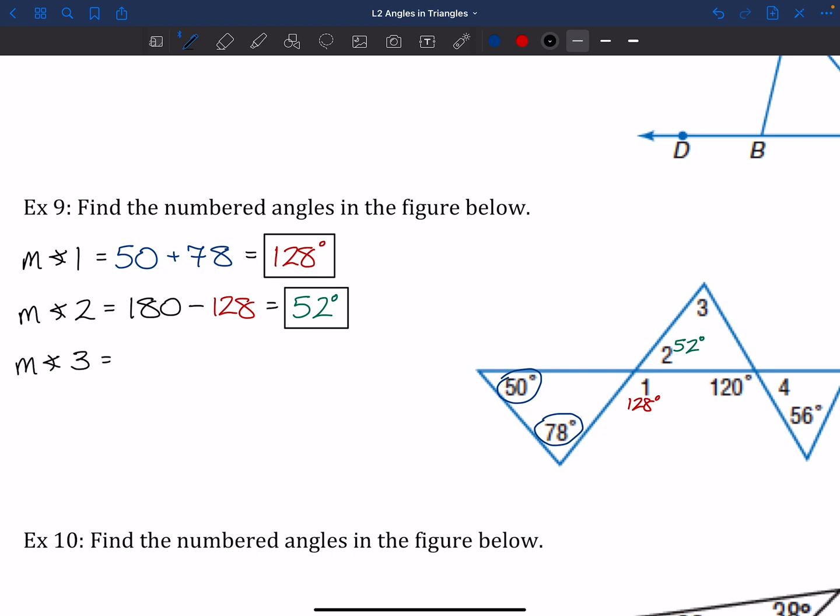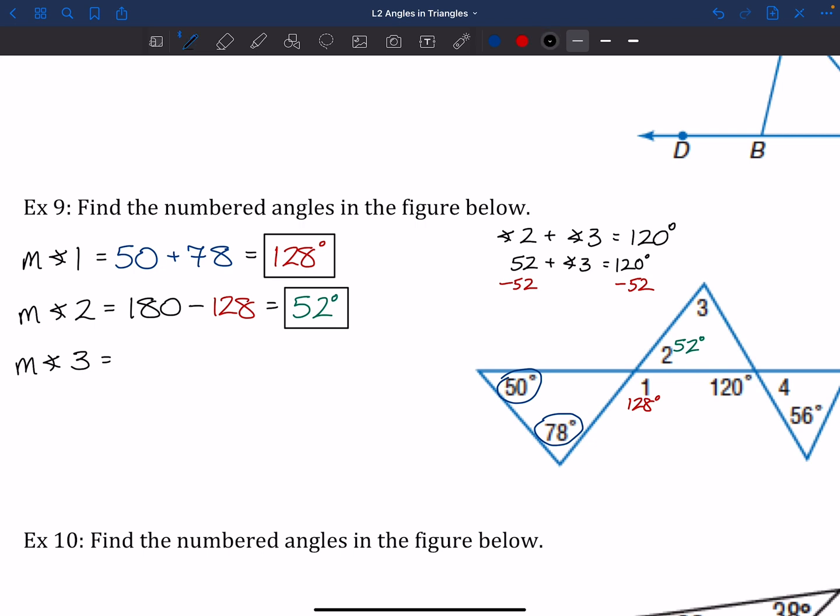Actually, let me write that up above the diagram there. I know that the measure of angle 2 plus the measure of angle 3 is going to equal 120 degrees, because those are the remote interior ones equaling the exterior one. But if angle 2 is already 52 degrees, then what I can do to solve for angle 3 is just subtract 52 from that.